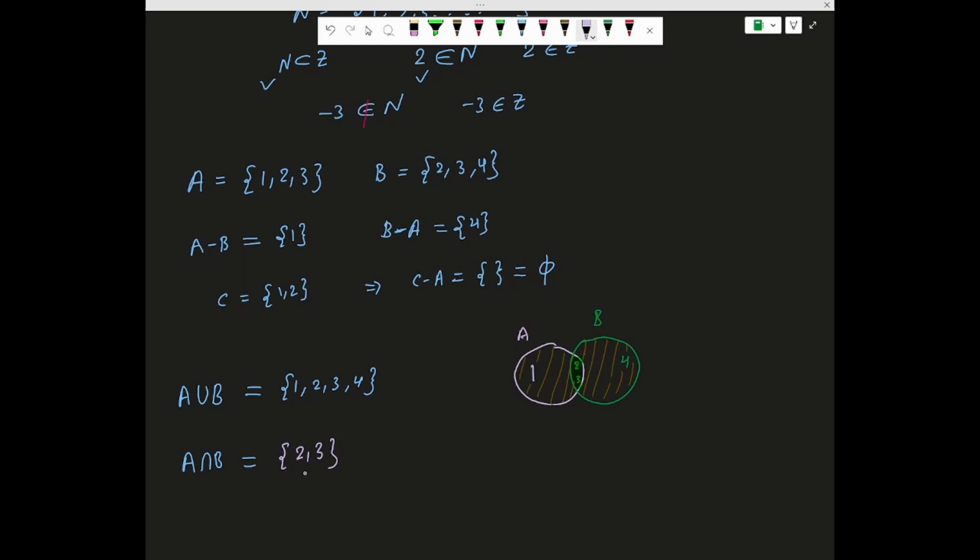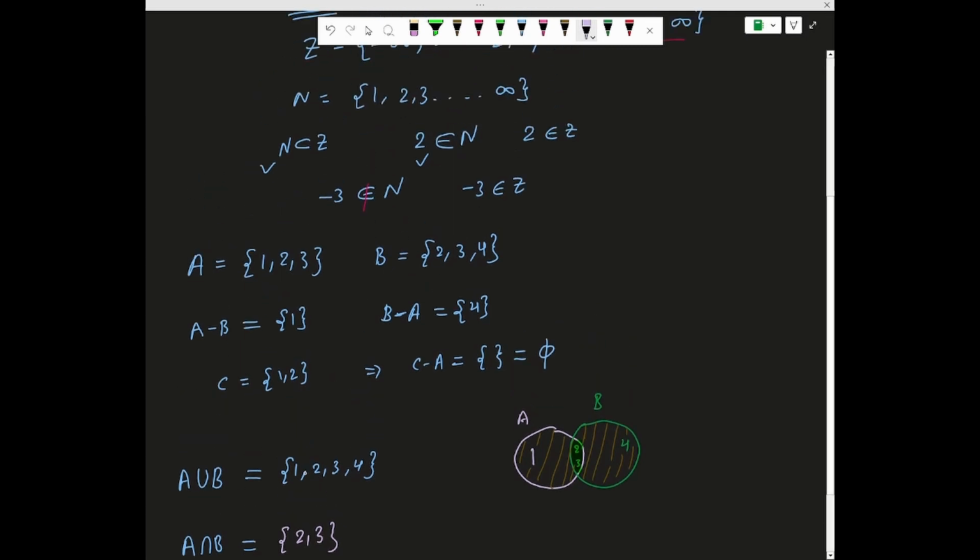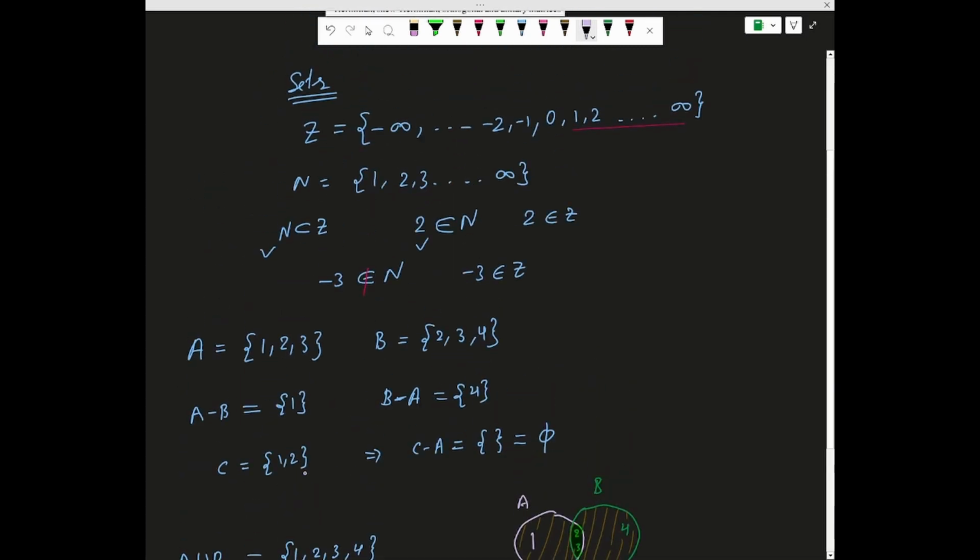Alright. Now I just want to give you information about one property of a relation. See that the set A is a subset of N. You can see the elements 1, 2, 3 are there.